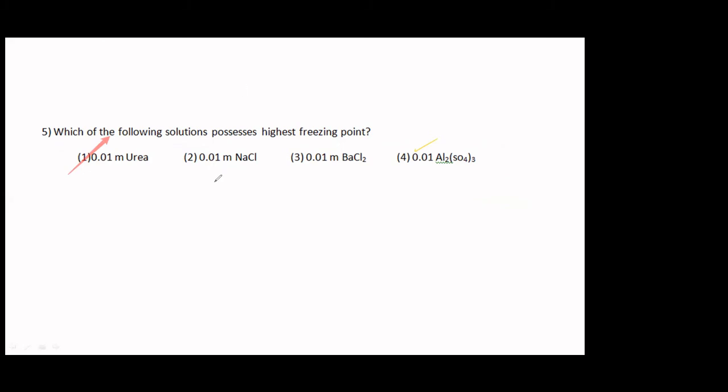After you put it in water, this becomes 0.02 moles, this becomes 0.03 moles, and this becomes 0.05 moles. The more the number of ions, the more is the depression in freezing point, and the lower will be the freezing point. So this one will have only 0.01 moles of particles and hence has the highest freezing point. That's correct.